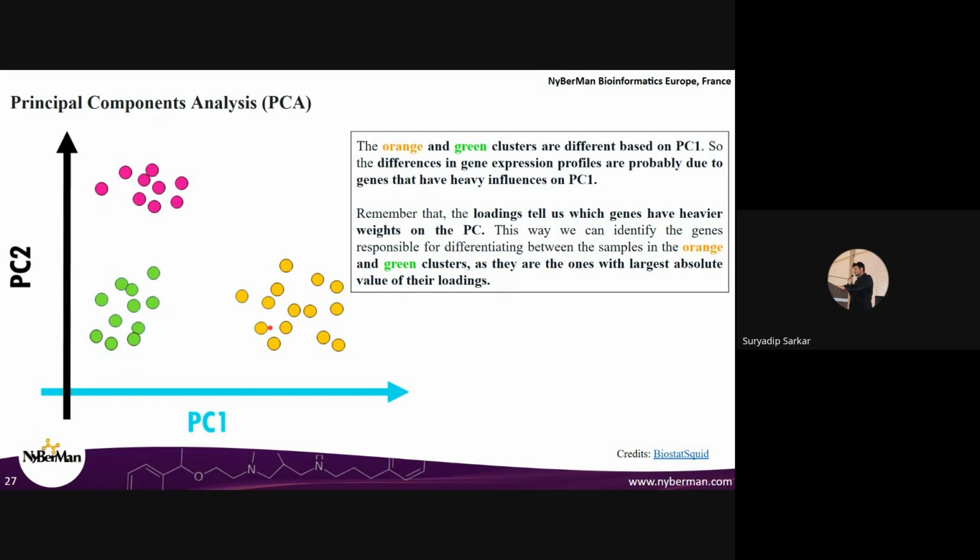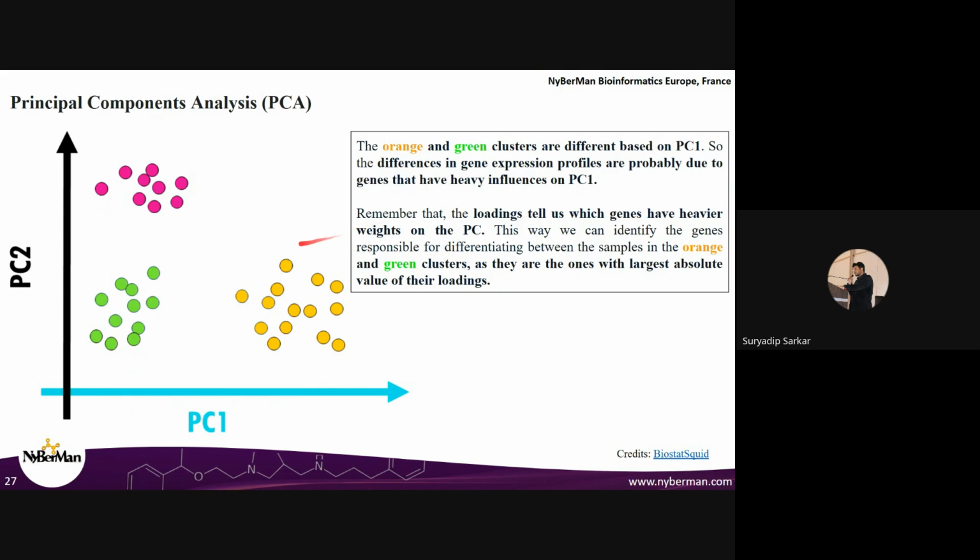So what this is telling you is that the differences in the gene expression profiles of the green cluster and the orange cluster are likely due to genes that have very high influence, very high loadings, or very high weight on PC1.